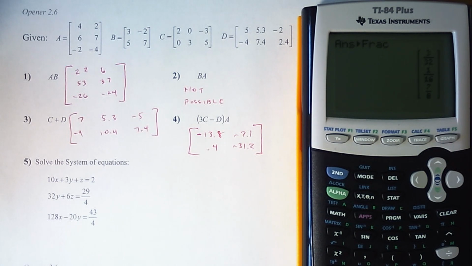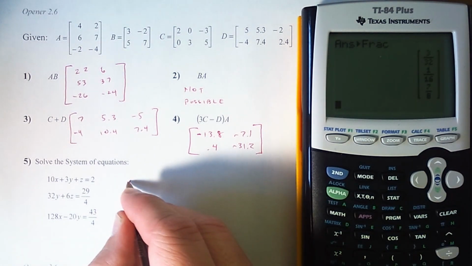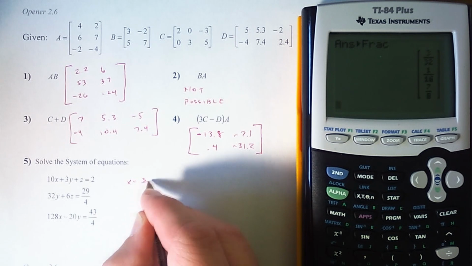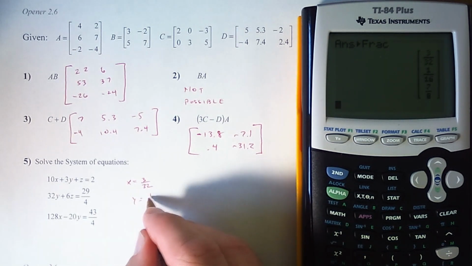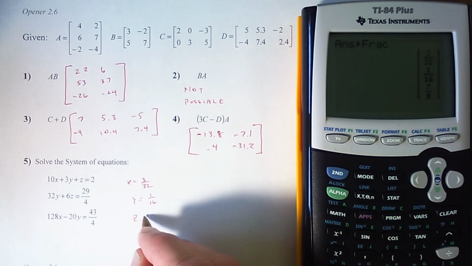So I have 3 30-seconds. So X is 3 30-seconds. Y is 1/16. And Z is 7/8.